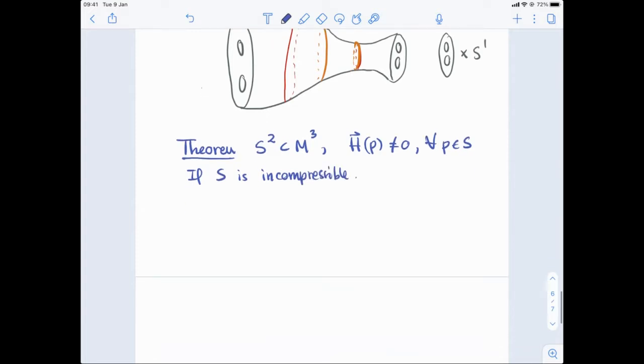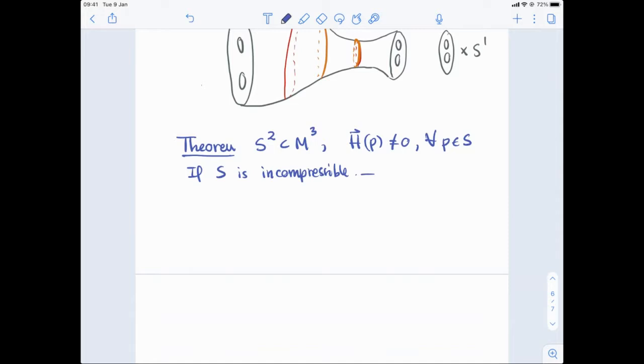Okay, so what happens in this case: if S is incompressible, then S_∞, the limit of the flow, can be decomposed into two parts, two sets of connected components. One connected component, S', is incompressible, and the other, S'', is a union of spheres.